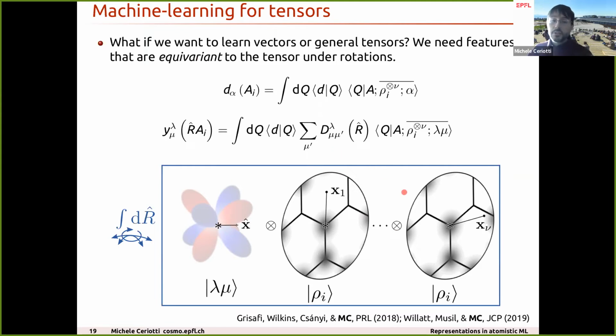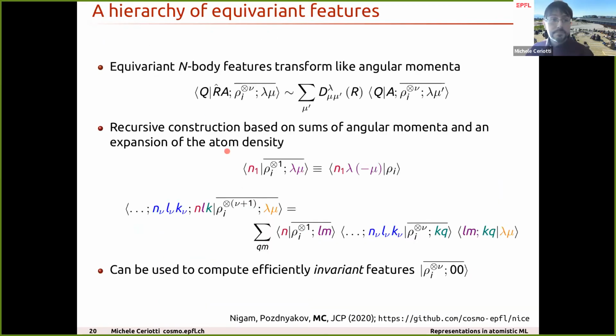And this is something that you can incorporate very easily in this framework by basically decorating the integral that we build over neighbor densities with a set of spherical harmonics that will give basically a basis to expand the geometric part of the target.